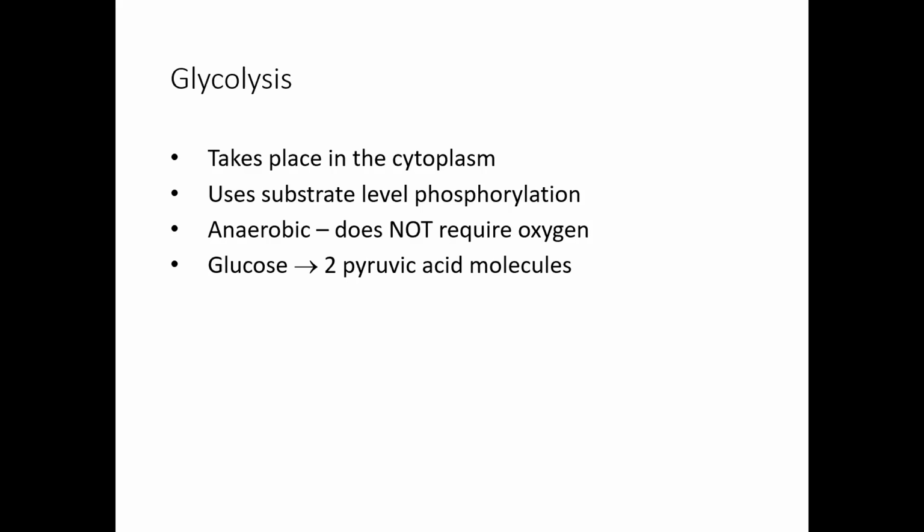The end result of glycolysis, and this is an important thing to remember, takes a 6-carbon glucose and gives you 2 3-carbon pyruvic acids. It gives you 4 ATPs and 2 pyruvic acids. Doesn't do a whole lot for us, but it will keep the cells functioning, even if there's no oxygen present.